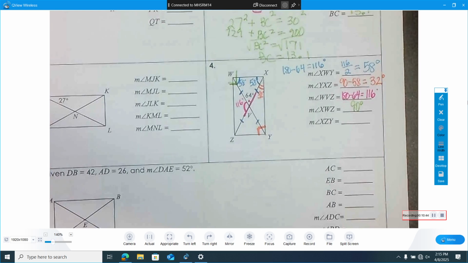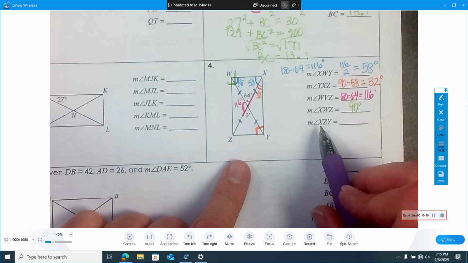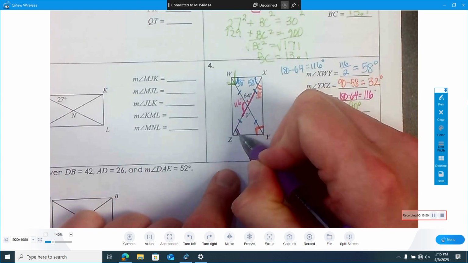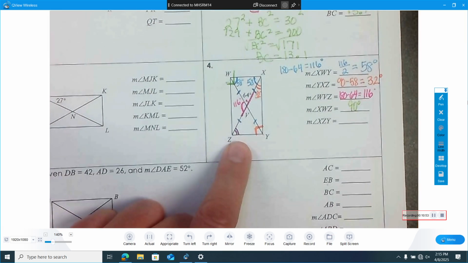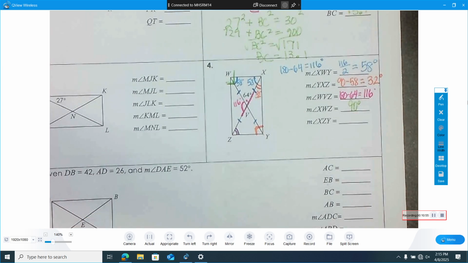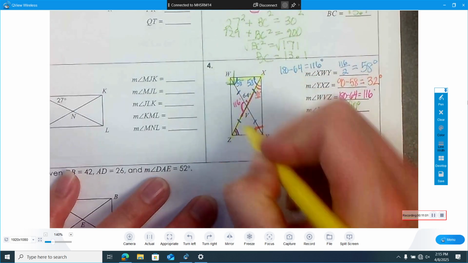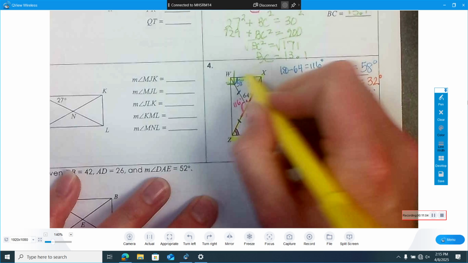All right, and then we also have last here, XZY. XZY is this angle right here. Ha, 58. How'd you get 58? Alternate interior angles. Again, we have parallel lines.